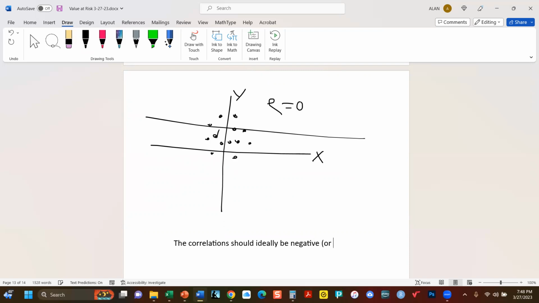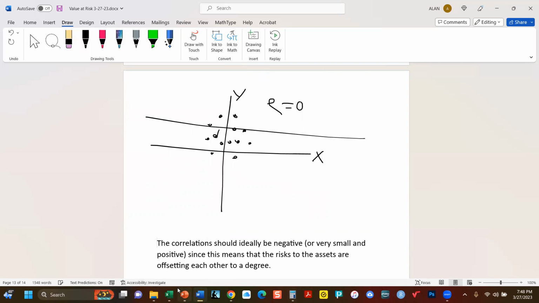Negative or very small and positive, since this means the risks of the assets are offsetting each other to a degree. That's what you're aiming for. If you don't have that, well, you don't have it, but that would help reduce the risk more than anything else.